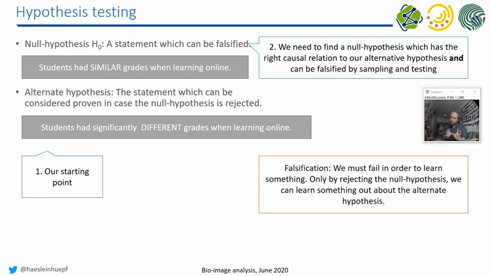We are rather finding a different question, fail in that, and while this question is falsified, answered with no, we learn something about the original question. So it is decisive that these two questions, the null hypothesis and the alternative hypothesis, are related to each other. This is how inferential statistics works.